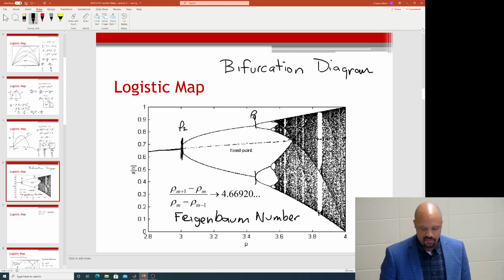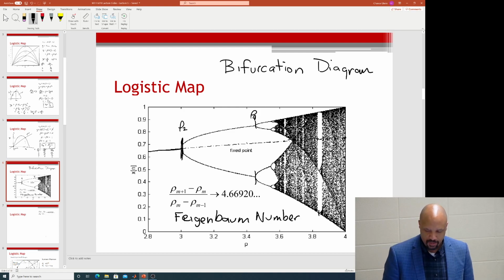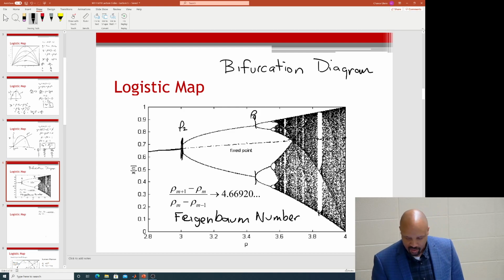Now, again, it doesn't matter what these numbers are right here because it's the next one and the next one. But since it's a period doubling, we're going to call it 2, 4, 8, and so on. So this would be 4, right?